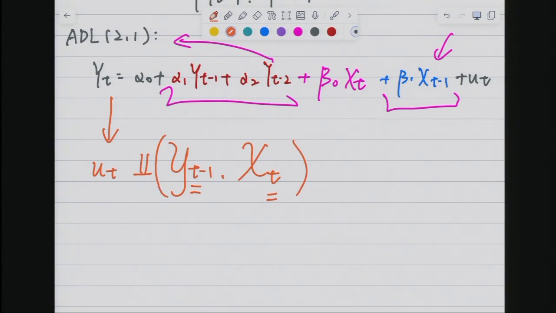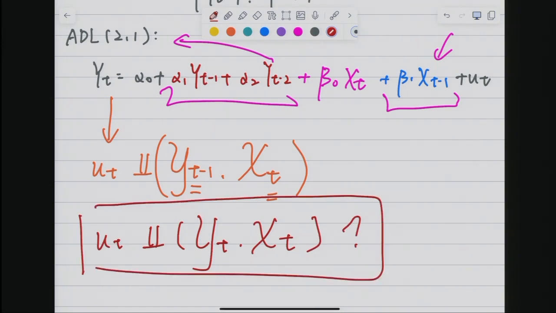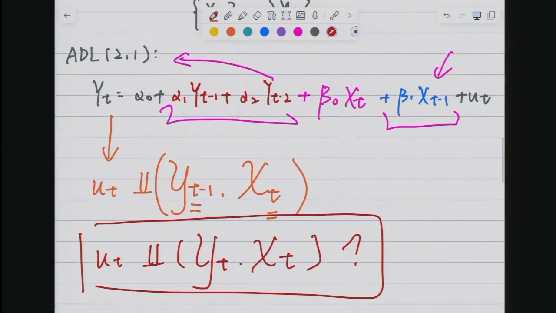Now you might wonder, why don't we assume ut is independent of all the information up to time t? Is this plausible? Can that ever be the case? No, right? yt depends directly on the shock at the same time period. We can never assume ut is independent of information for yt up to time t.